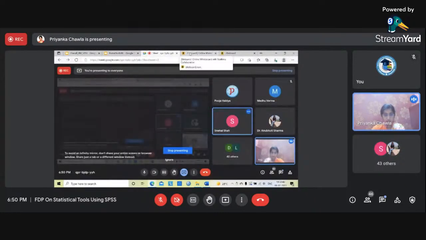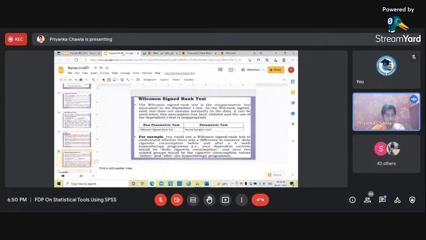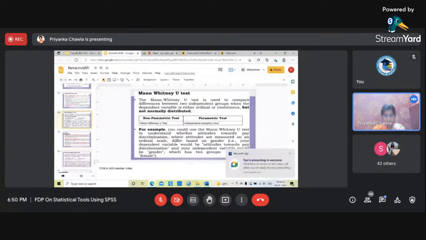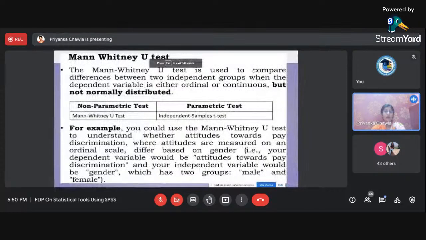Now, coming to the next test, which is equivalent to independent t-test. What was the condition of independent t-test?